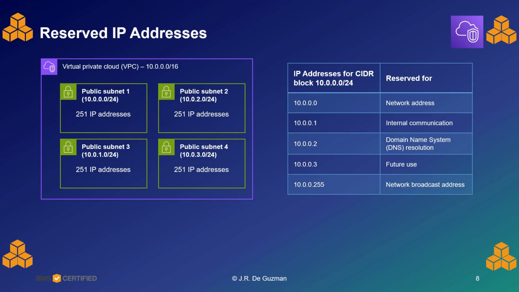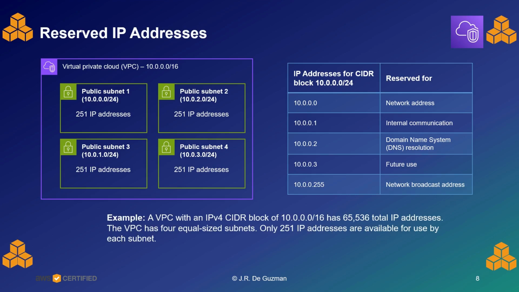For example, suppose that you create a subnet with an IPv4 CIDR block of 10.0.0.0/24, which has 256 total IP addresses. The subnet has 256 IP addresses, but only 251 are available because 5 are already reserved by AWS. So you cannot use those 5 IP addresses. Be sure to remember that.